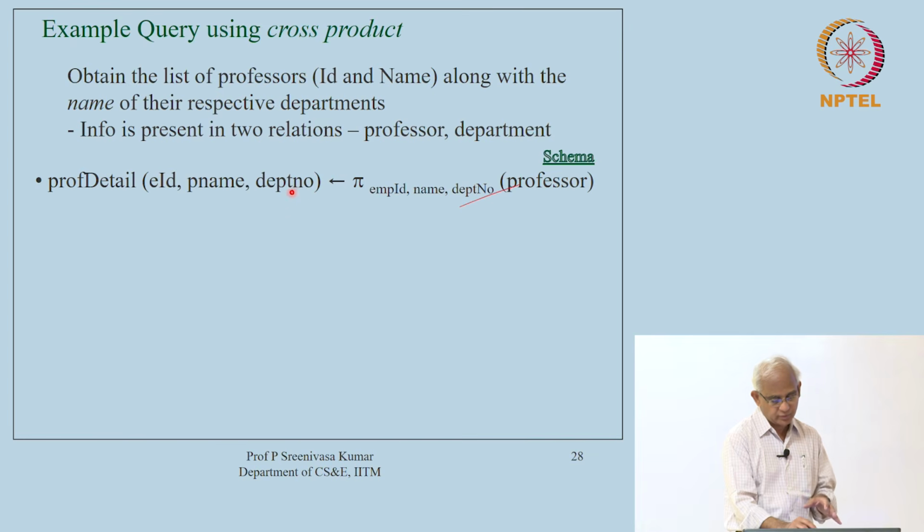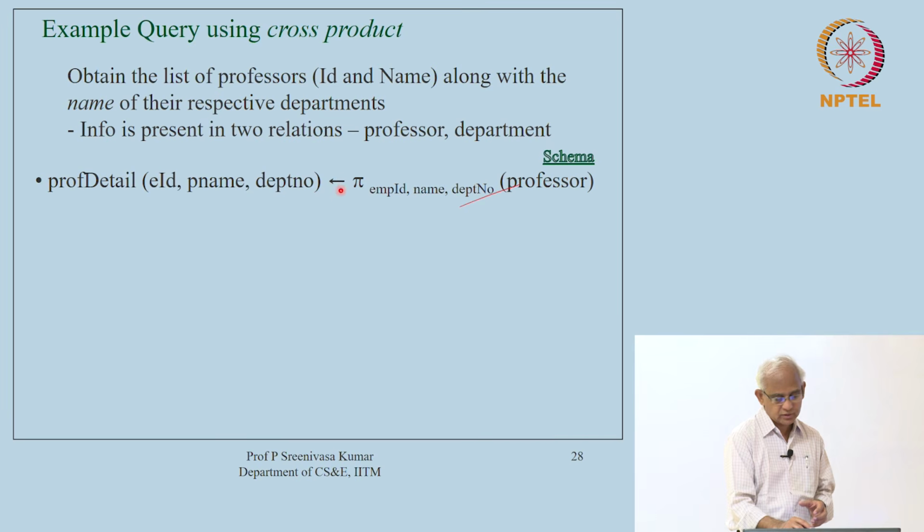We will see why we do that, but I want to define the process of renaming. We put a new relation name here and give new, or sometimes the same, names, and then use this operator.